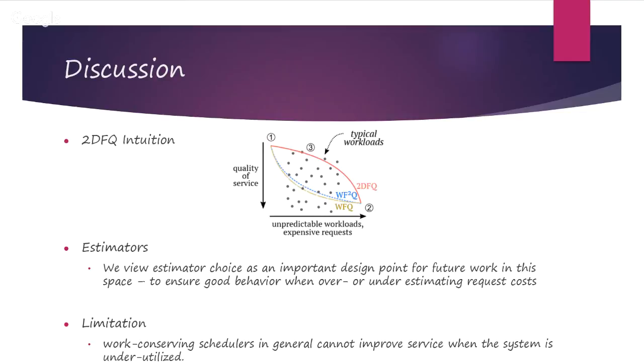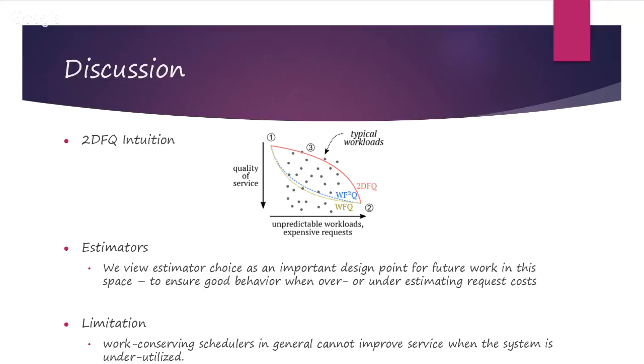And the limitation: two-dimensional fair queuing also has a limitation. It cannot improve service when the system is underutilized. Inevitably, all worker threads could be servicing expensive requests if no other requests are present.